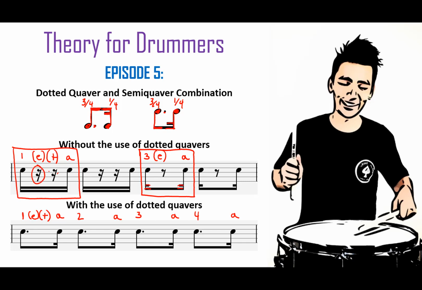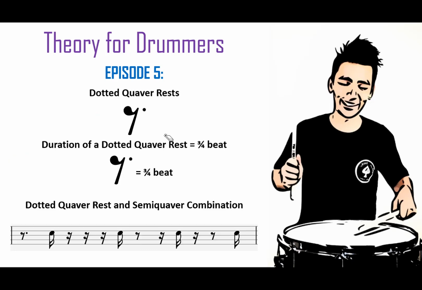Here we've got 2 semiquaver rests to make it work, and here we've got 1 quaver rest to make it work. However, when you look at this bar down here, you don't need any rests to make that work. And that is why it's the best way to write the rhythm when you just want to play the number and the A of the number.